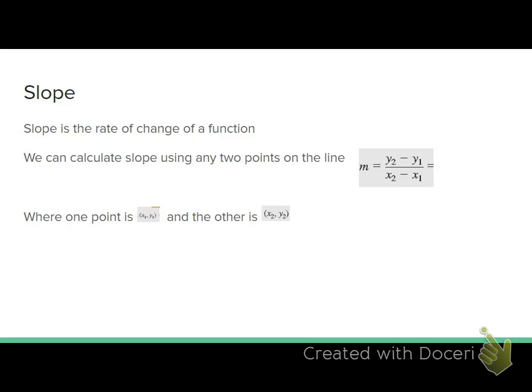Slope is the rate of change of a function. Should be following along to fill in our blanks. The rate of change. We can calculate slope using any 2 points on the line. Of course, we should be familiar with that slope formula, y2 minus y1 over x2 minus x1.